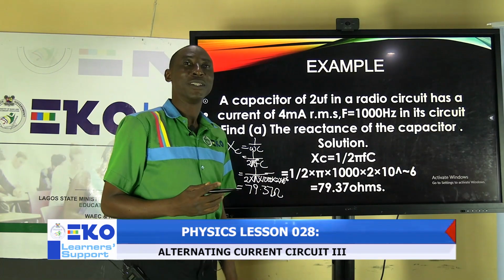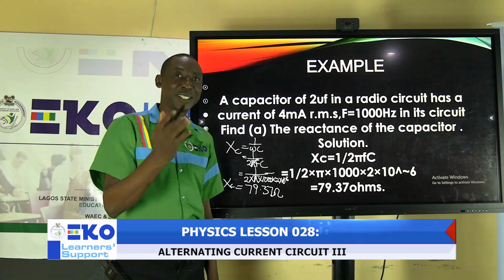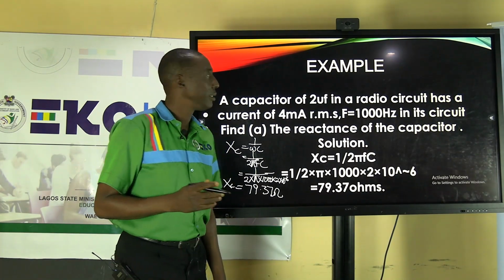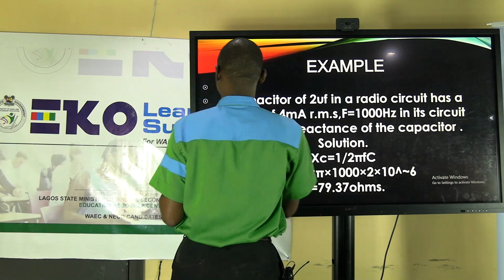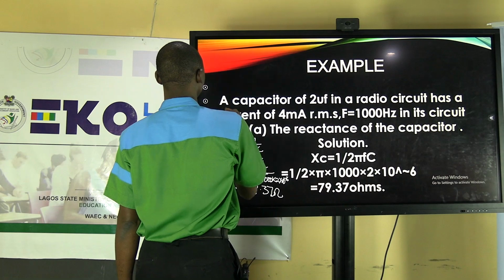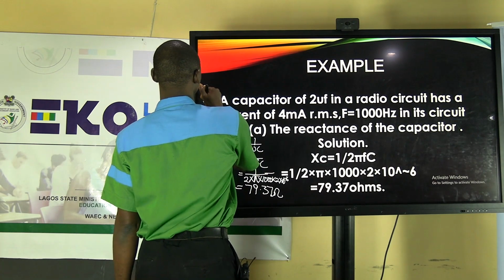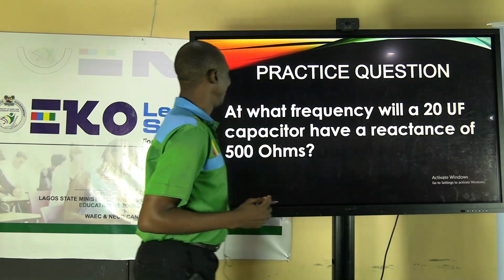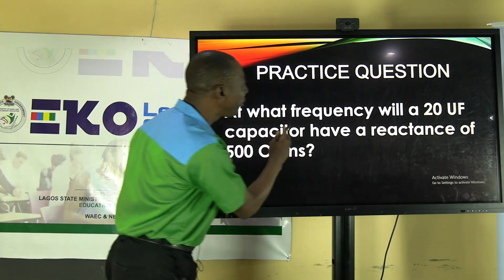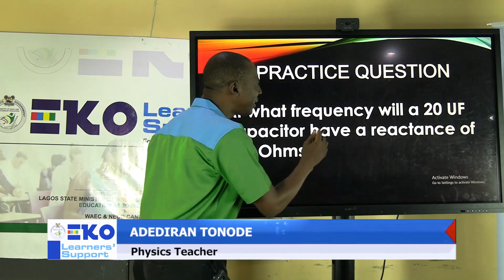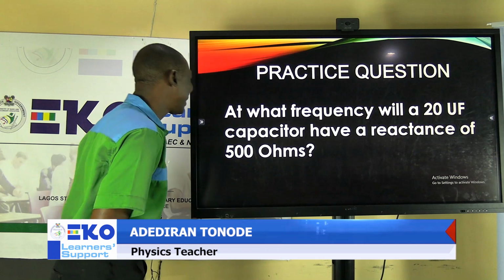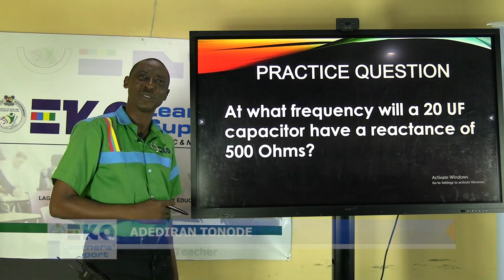Having done all that, let's see. I'm going to give you a question to practice. Let's look at the question now. At what frequency will a 20 microfarad capacitor have a reactance of 500 ohms?